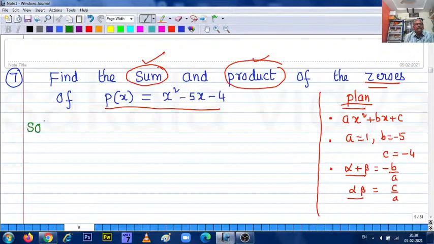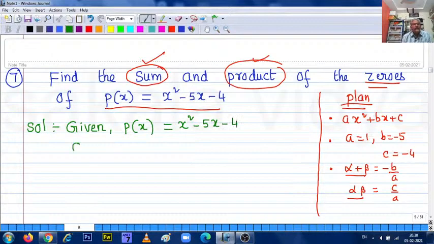Now the solution. Here given P of x equals x square minus 5x minus 4.